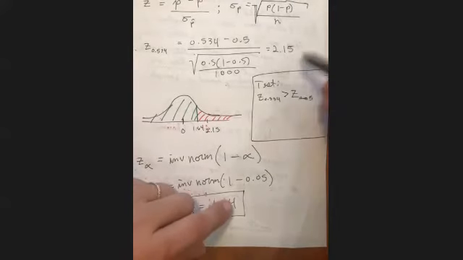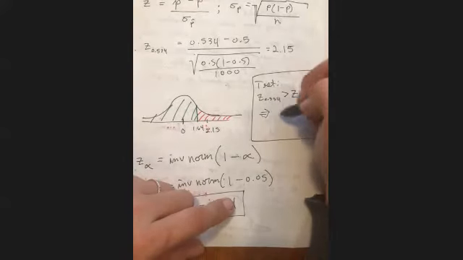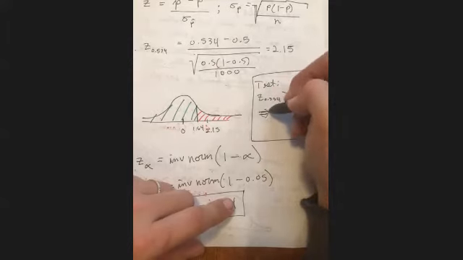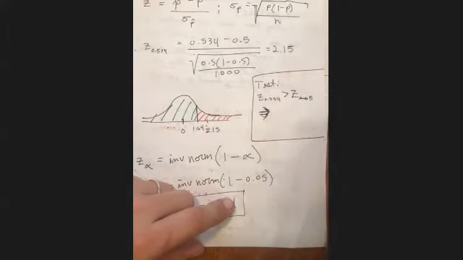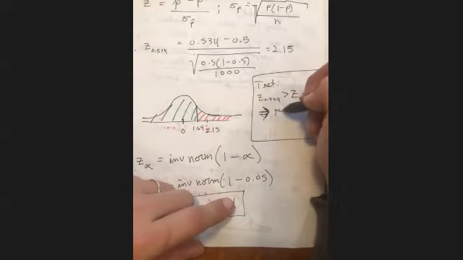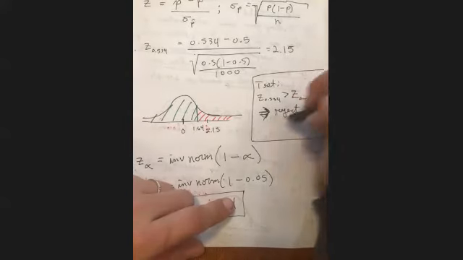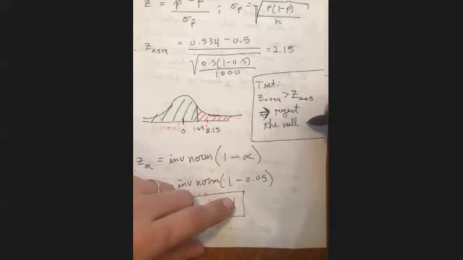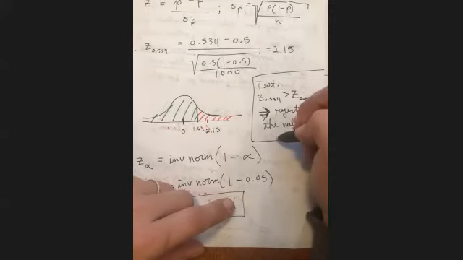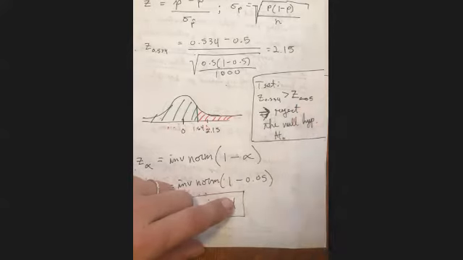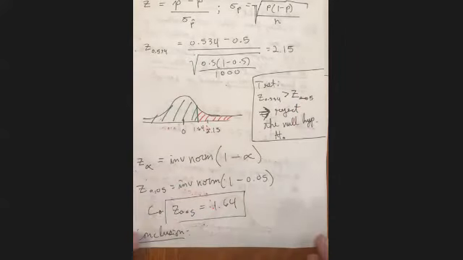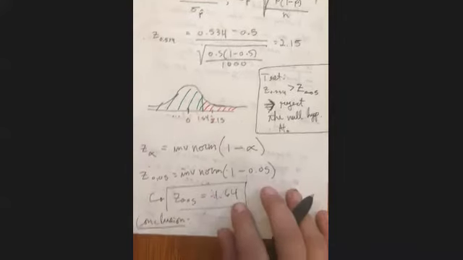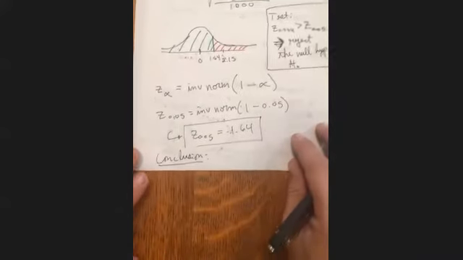So this implies the result of the test is that we reject the null hypothesis, H naught. So that's the result of the test. So what's the conclusion?